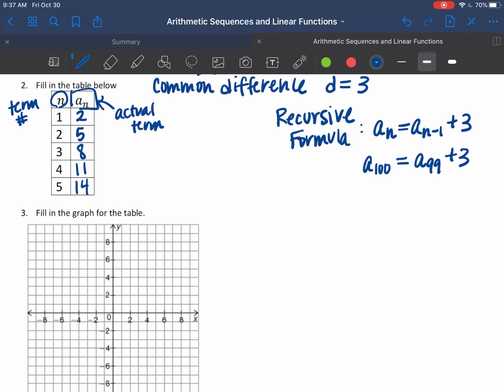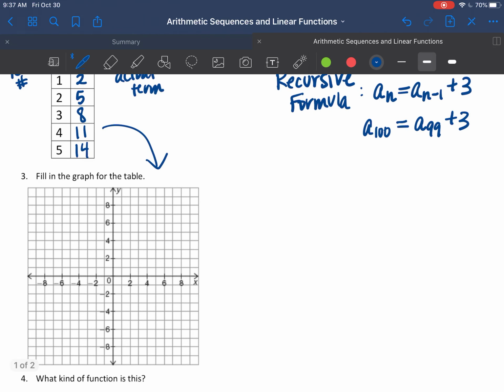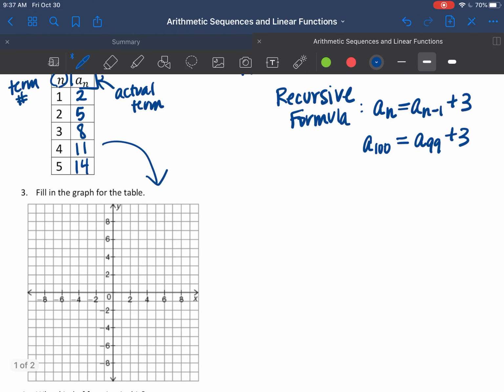Okay, and so what this table does is it gives us a set of ordered pairs that we can graph. Okay, and so we have the point 1, 2. And then we have the point 2, 5. And then 3, 8.